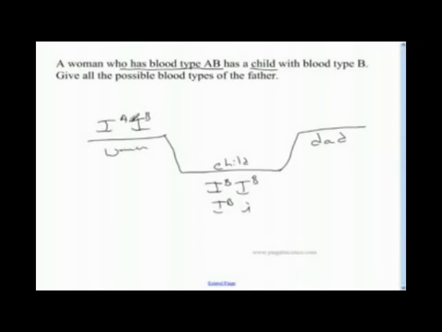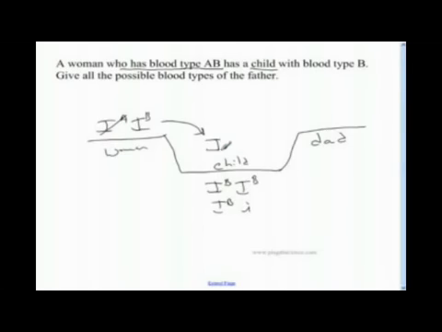Since the child is blood type B, there's no possibility that there will be a blood type A, so we will not use this one.